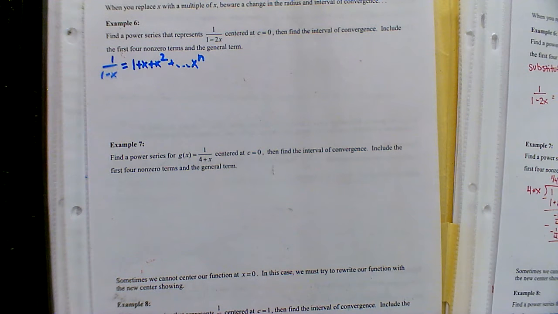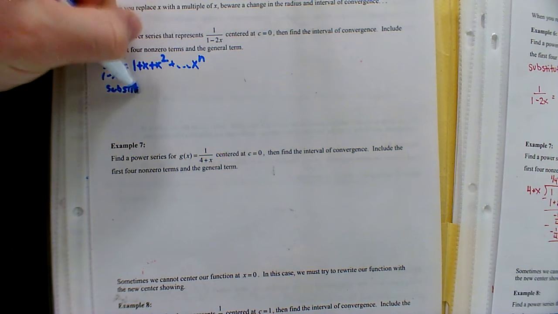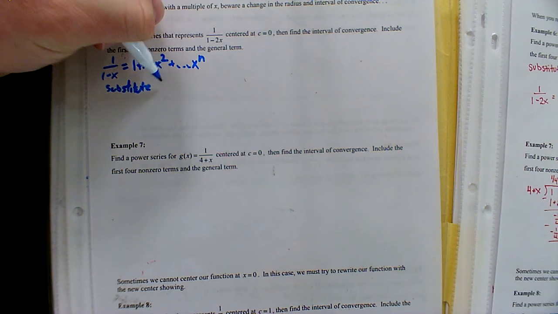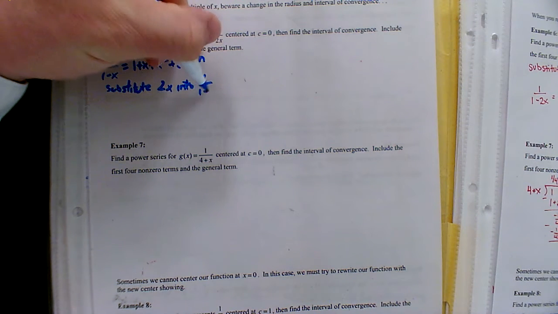This problem that we're dealing with, 1 over 1 minus 2x. So what we have to do is substitute 2x into 1 over 1 minus x.